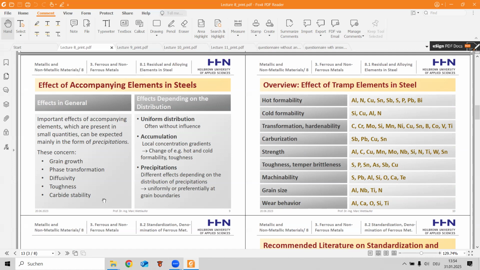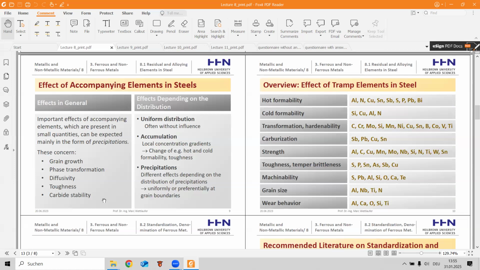Effect in steel. Cold formability: aluminum, nickel, cuprum, phosphorus, sulfur. Cold formability: silicium, cuprum, aluminum, nitrogen. Formability and hardenability: carbon, chrome, molybdenum, silicium, manganese, nickel, chrome, cobalt, boron, vanadium, titanium.